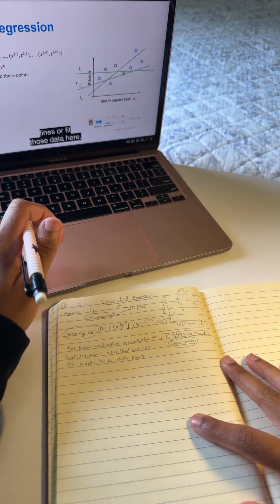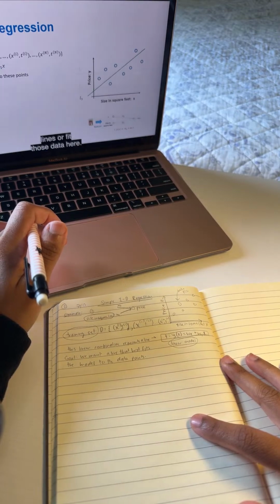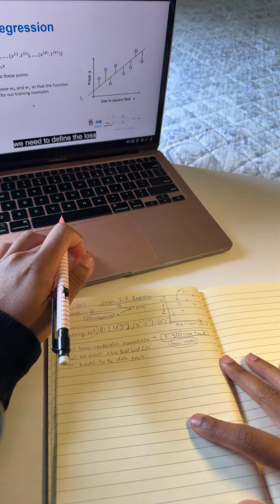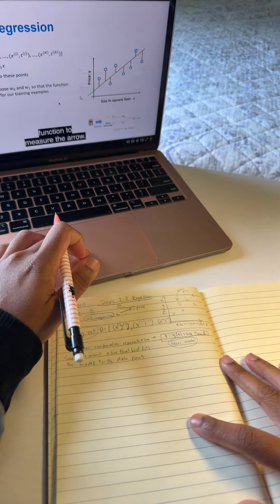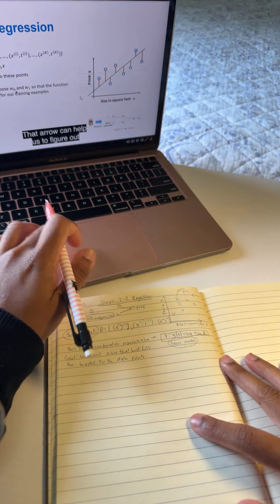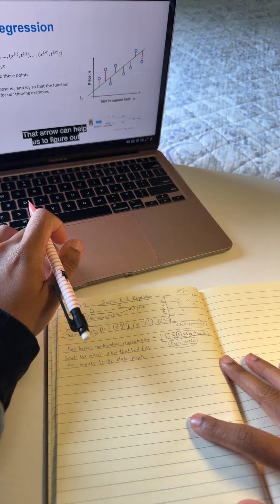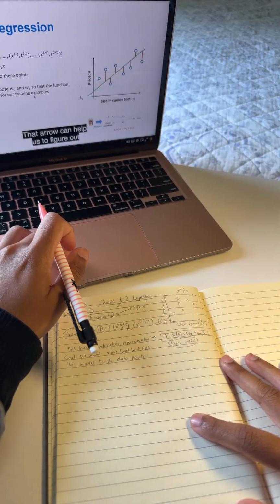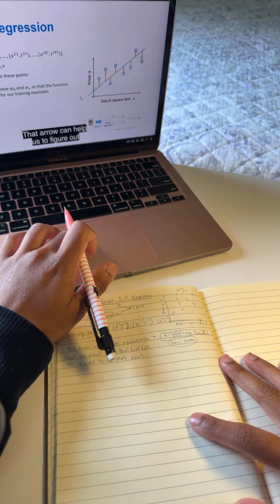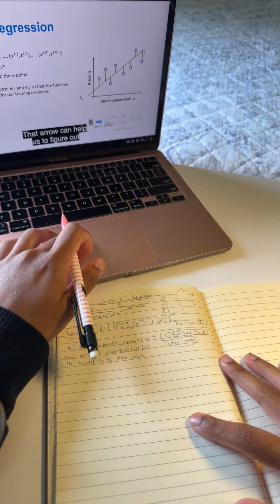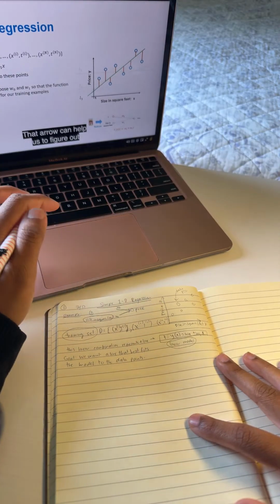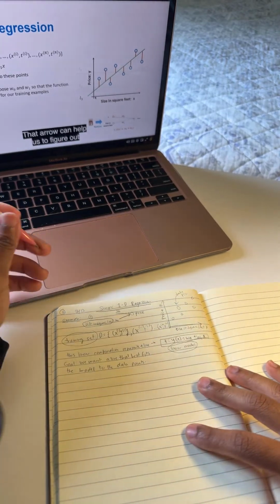We want to fit those data. So here, in order to figure this out, as mentioned, we need to define a loss function to measure the error. In other words, we want to choose these two weights so that the green line is close to all the t's for our training set examples. So this line in between all these dots, if it has the lowest error, that's the best.